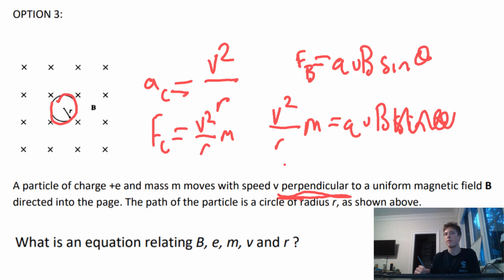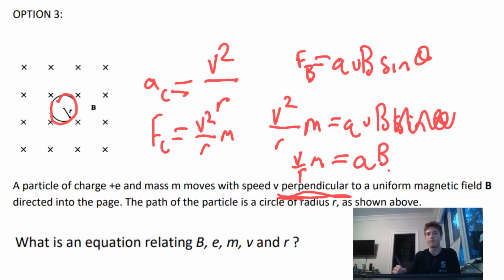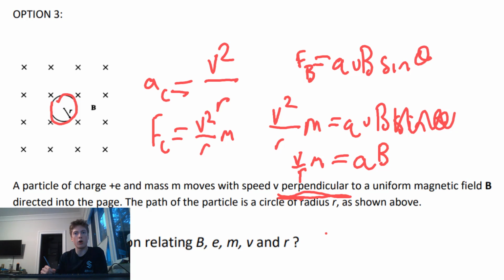So essentially we can just cross this out because it's 1, and qvB times 1 is still equal to qvB. So we can simplify this equation. We divide both sides by v, and we get v divided by r times m is equal to qB. Then let's solve for r, because it'll make the next part of the problem easier.